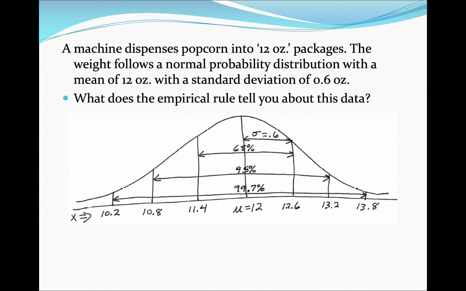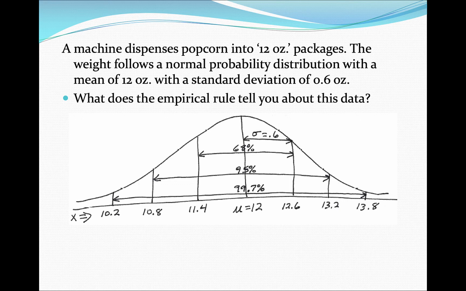We also know that the standard deviation is 0.6. So what you'll see is I actually increment by the standard deviation. And you can see there across the top I have that line where it says sigma equals 0.6. So the distance between those lines I have drawn in that curve is a standard deviation. So this is something we commonly do in statistics.